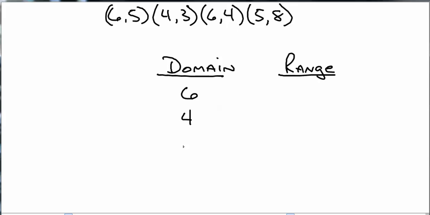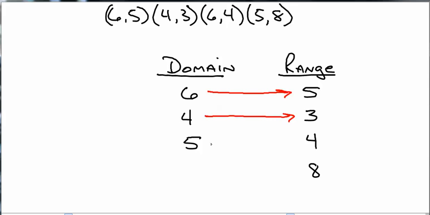I'm not going to write the 6 again. Range is 5, 3, 4, and 8. Alright, so when you map them, what does the 6 go with? 5. What does the 4 go with? 3. The 5 goes with the 8.